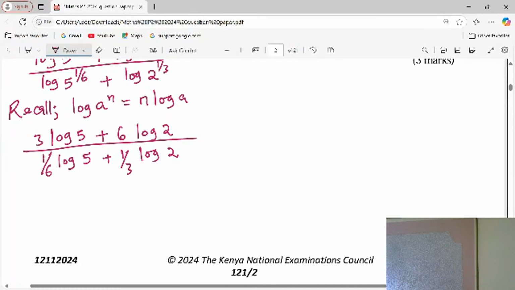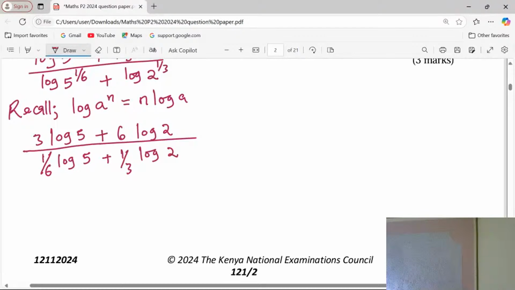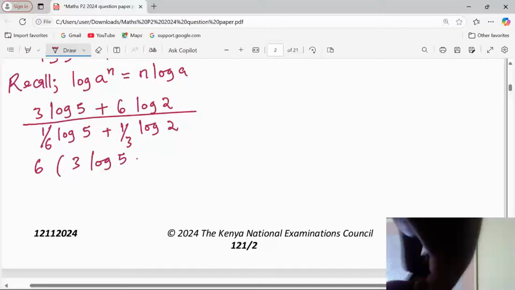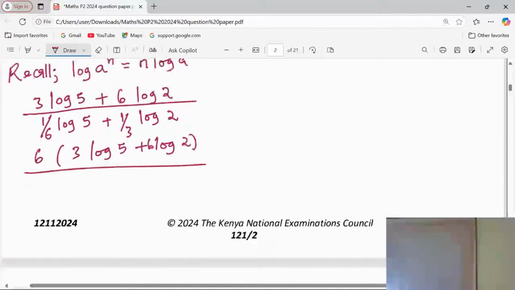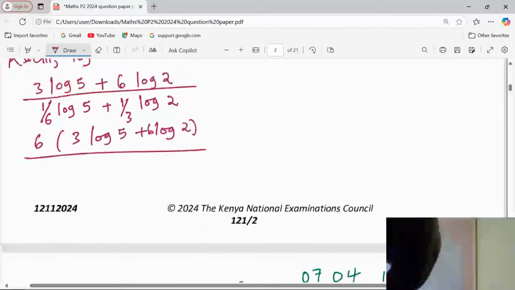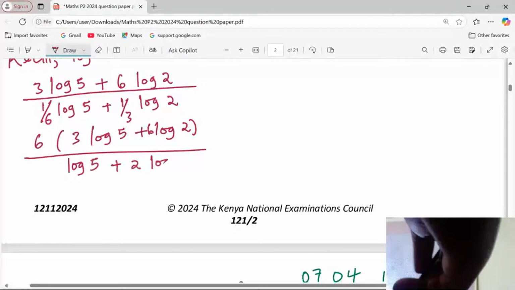We continue simplifying. Remember, we can do away with the fractions at the denominator. Thereby, I'm going to multiply through by the LCM of 6 and 3. The numerator is 3 log 5 plus 6 log 2, and the denominator, when you multiply by 6, will be log 5 plus 2 log 2.